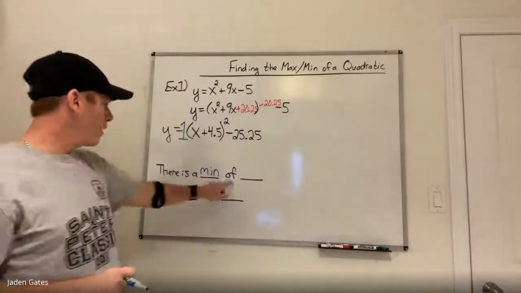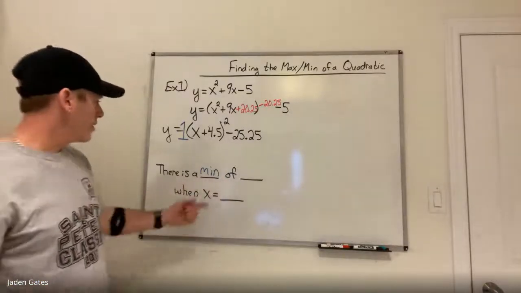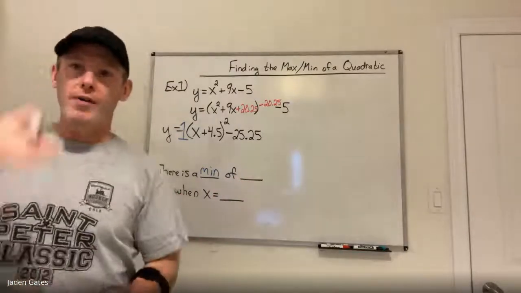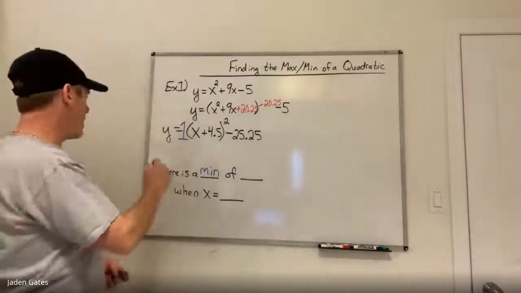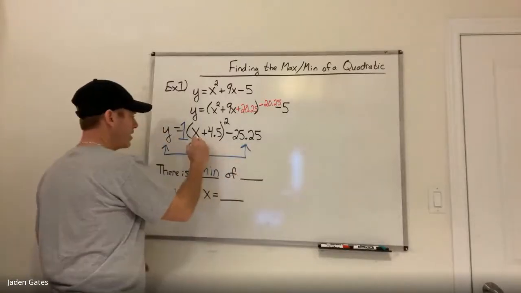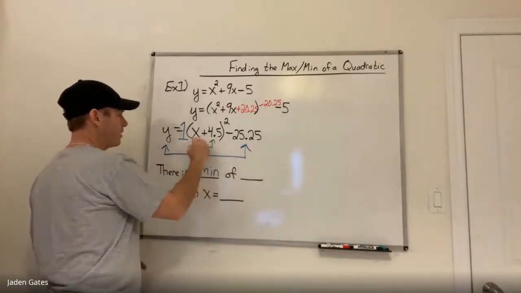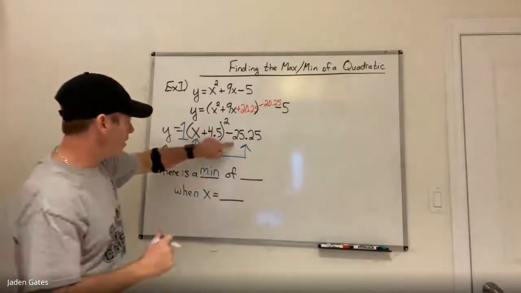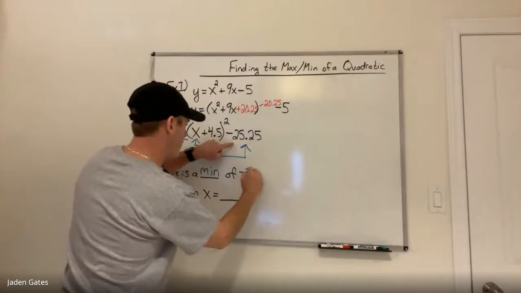Now, what is that max or min? Here's the best part, is that the max or the min always corresponds to your y value, the height. Well, the height is on the outside. Y's are on the outside. The x values are on the inside. And so the minimum is this value right here, which is that negative 25.25.